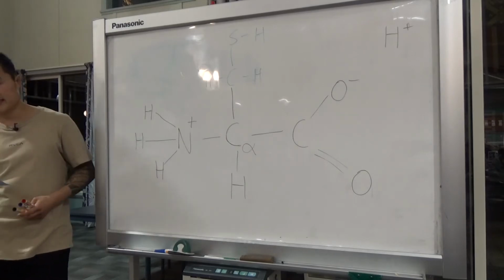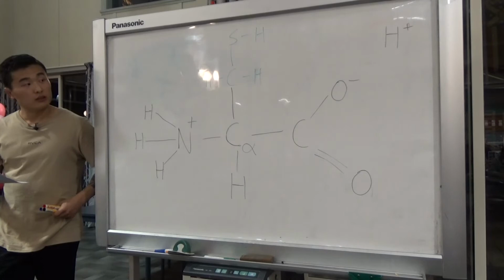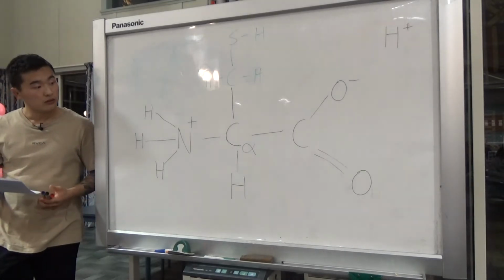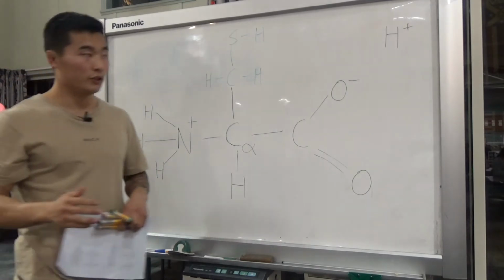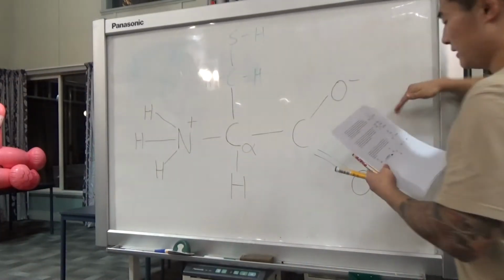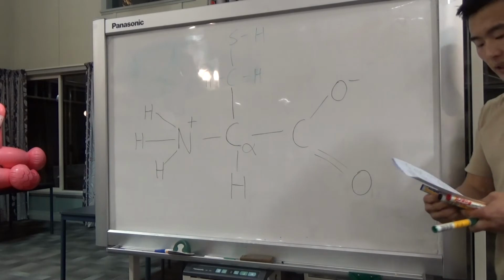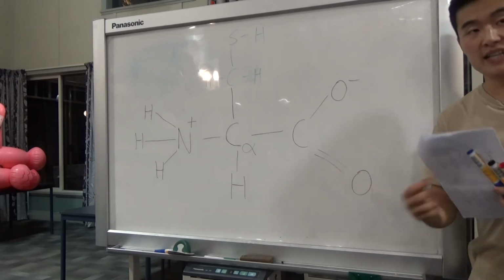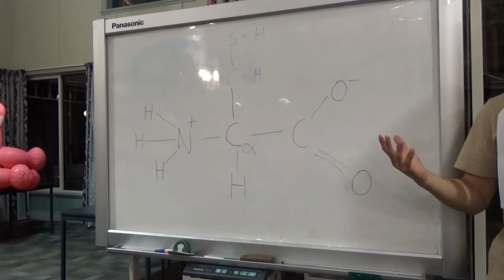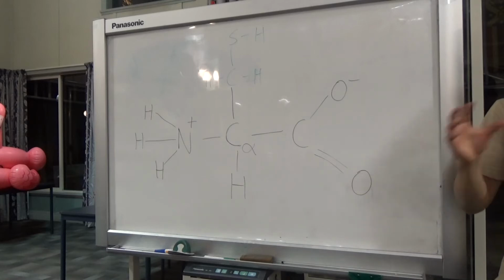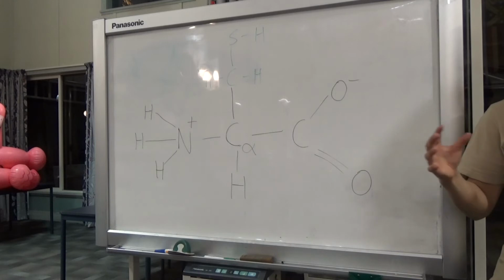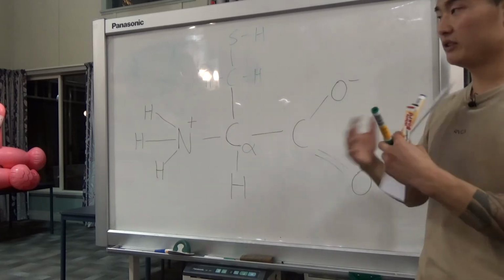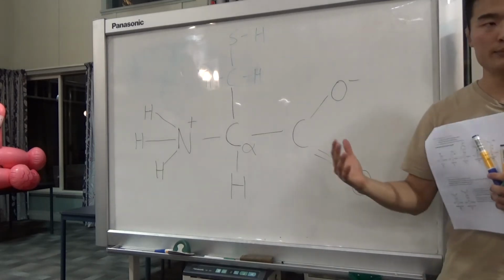So that's your cysteine. The thing with cysteine is that it can form a covalent bond. Remember that covalent bonds are strong. Covalent, co means to share, and valence means like the valence electrons. So they're sharing electrons, which is a much stronger bond than just an ionic bond.